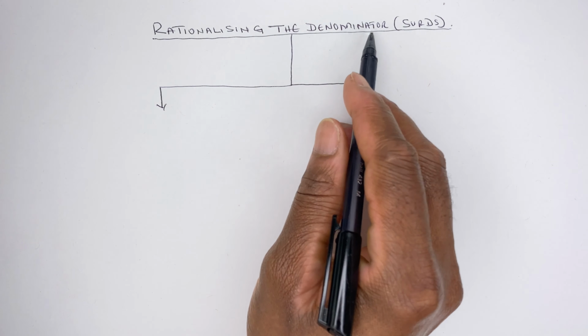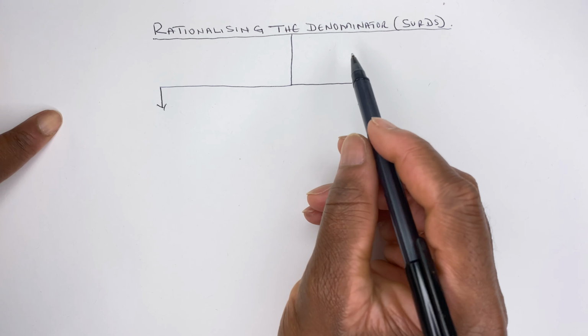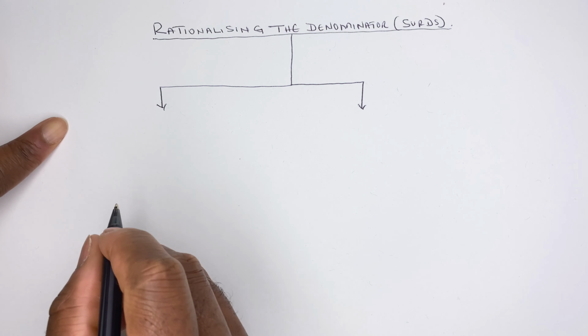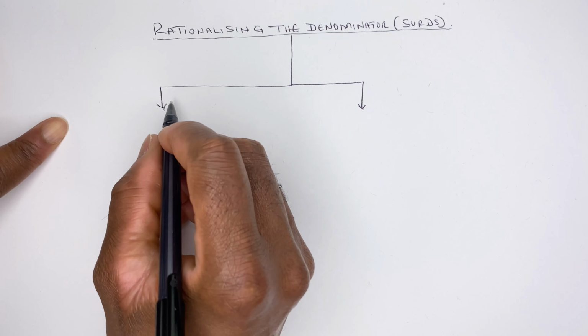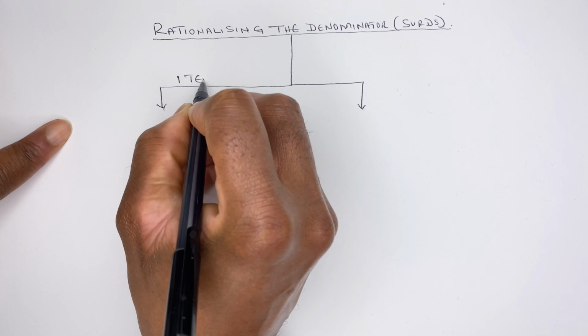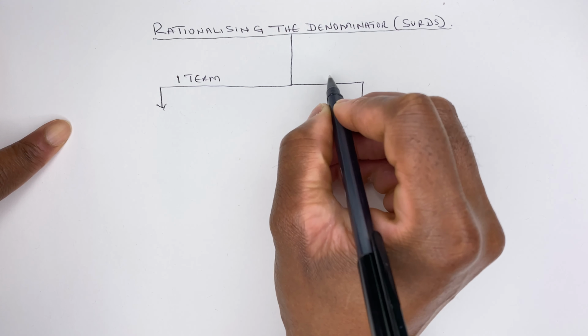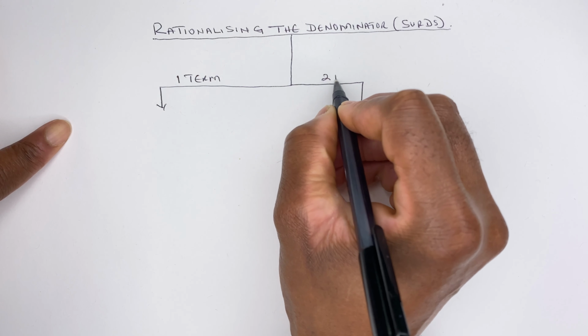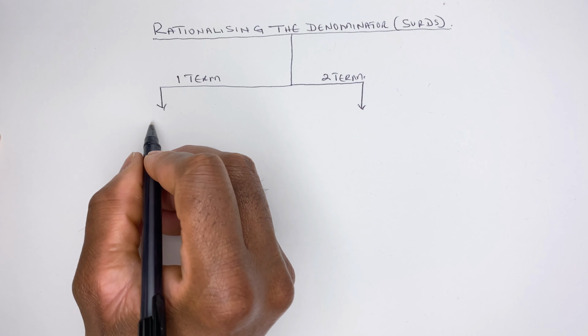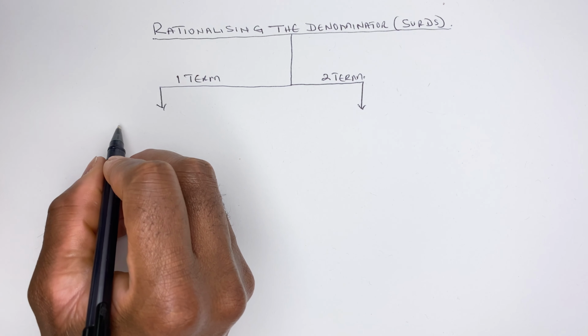Rationalizing the denominator in surds. The situation here is we're focusing on the denominator of a fraction. There is when the denominator is one term, and when the denominator is two terms. So we're going to solve for one term first.